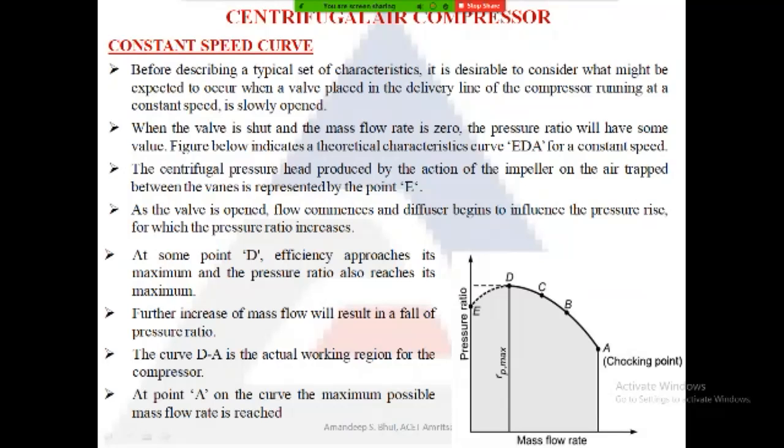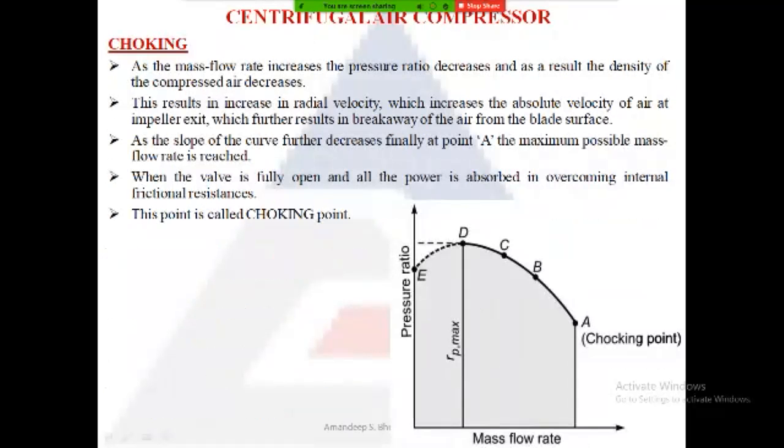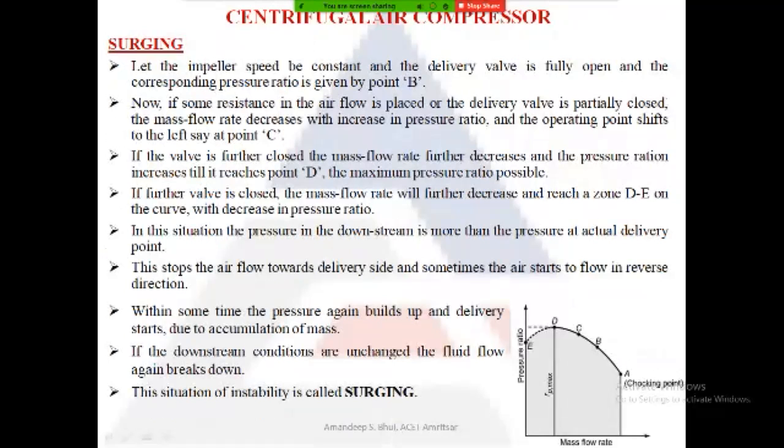So between D and A is my working range. Point C and point B are my working points where the working of a centrifugal compressor can take place. We cannot go into the zone between E and D. We will see what happens if I go into the ED zone. This zone results in a problem, that is surging. So this topic is surging.